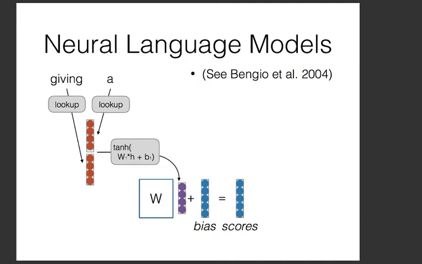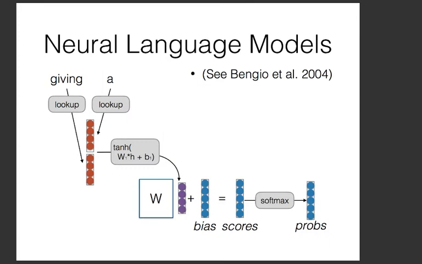So now what we're doing is, instead of directly calculating the probability of the scores of each of the words, we're extracting word embeddings here, and we are transforming these word embeddings to extract combination features. Then based on these features, we're deciding the probability of the next word in the sequence. And then, of course, we take the softmax to get the probability.